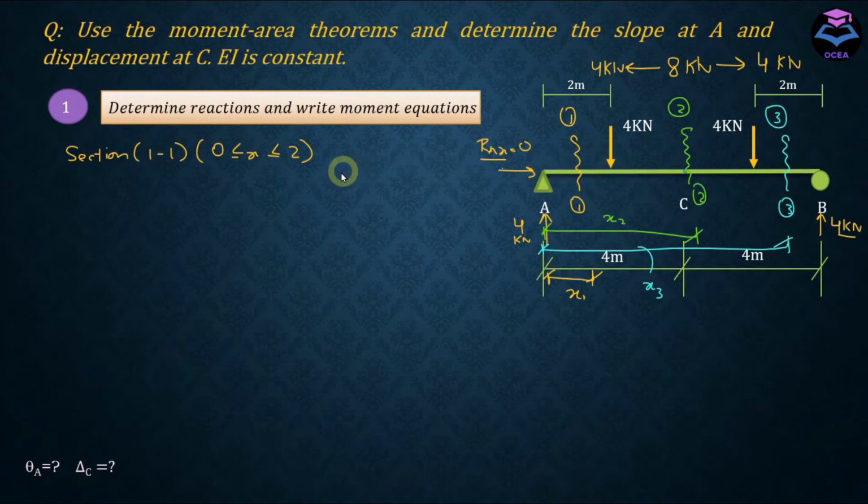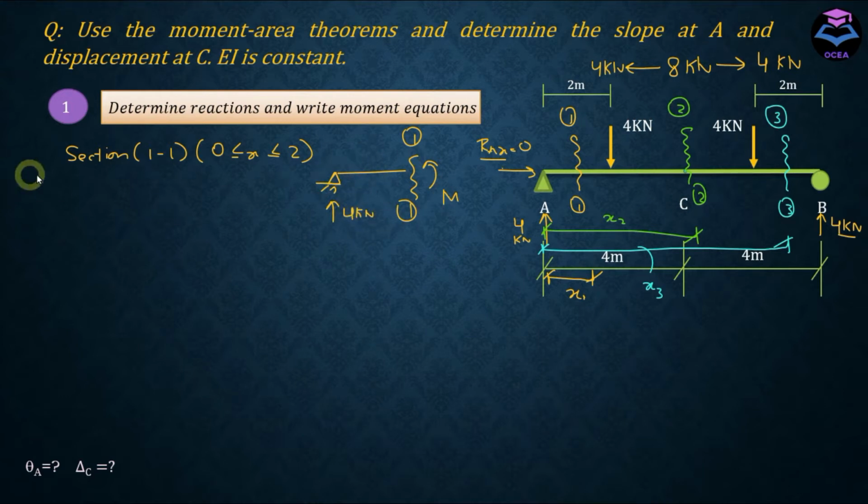In order to write the moment equation, just separate this member on the left hand side of the section, and let's assume the moment acting at this section is in the counterclockwise direction. And we have this 4 kilonewton force acting at the pin support.